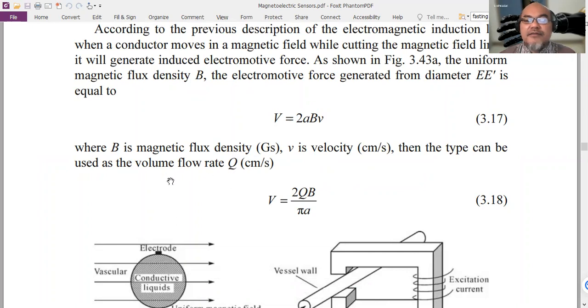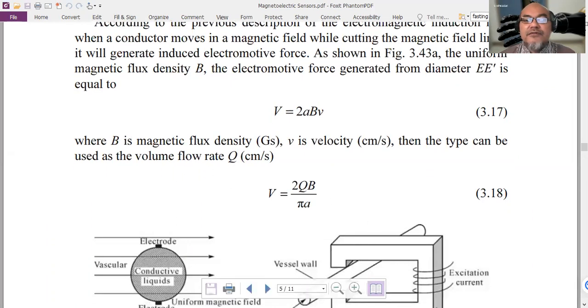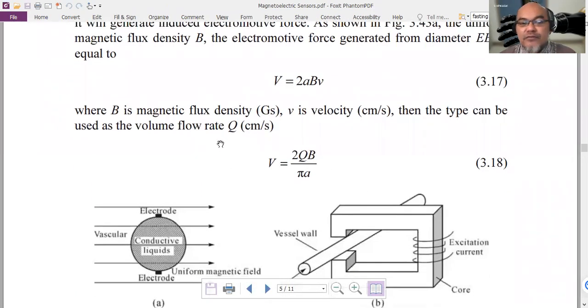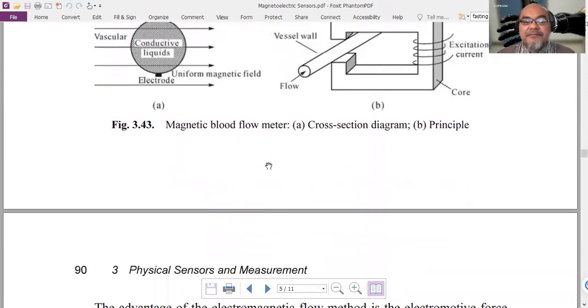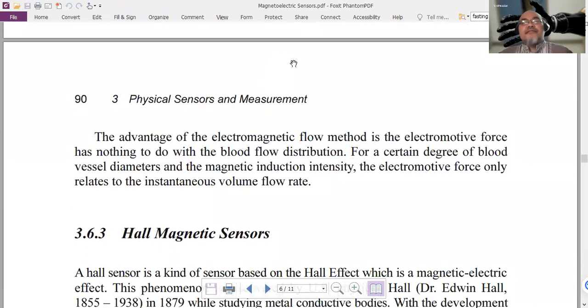This can be used to calculate the volume flow rate, Q. And so the volume flow rate equals 2 times Q times B divided by pi times A.